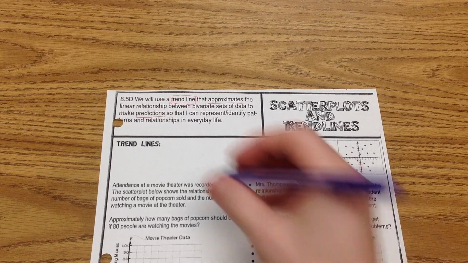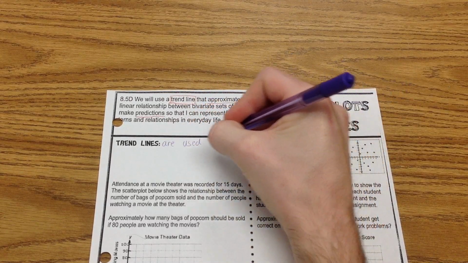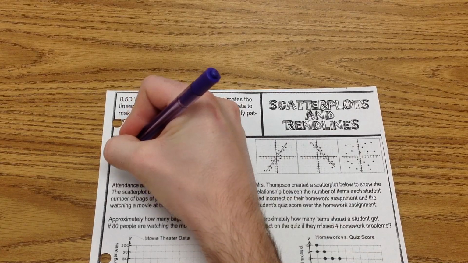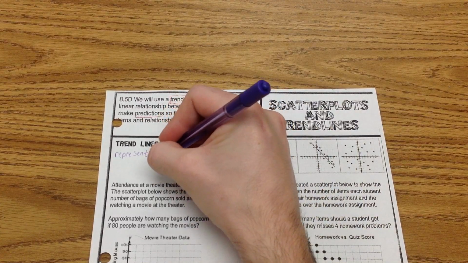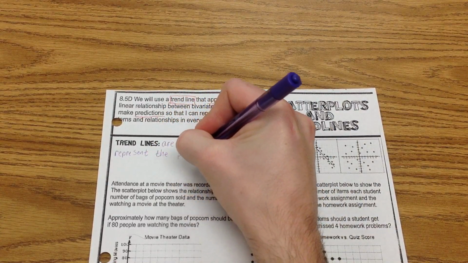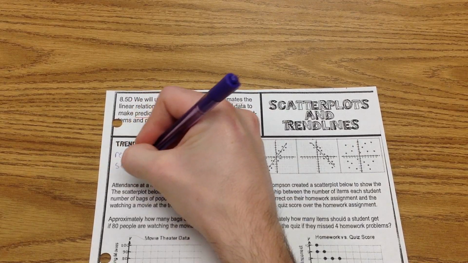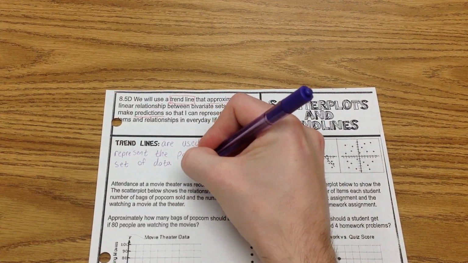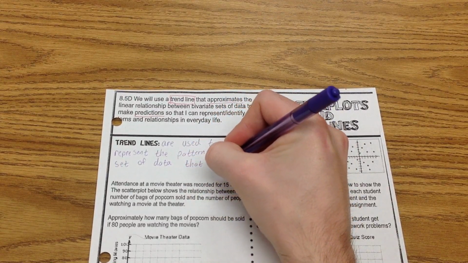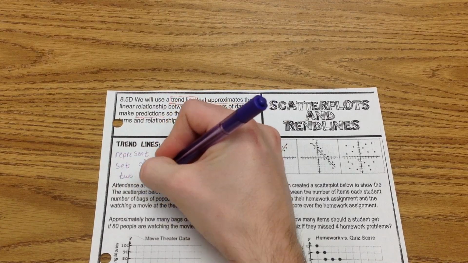Our definition for trend line: these are used to represent the pattern of a set of data that measures two variables.